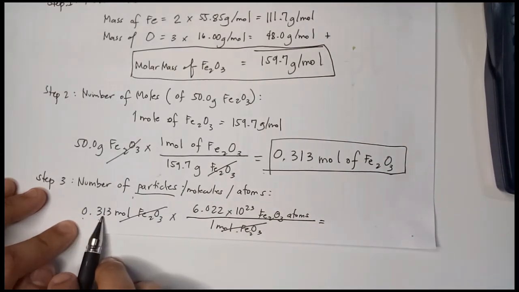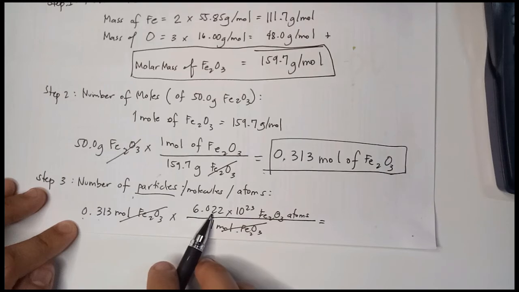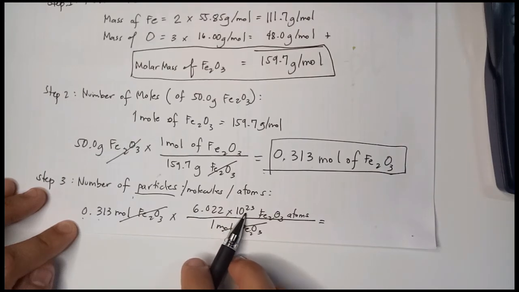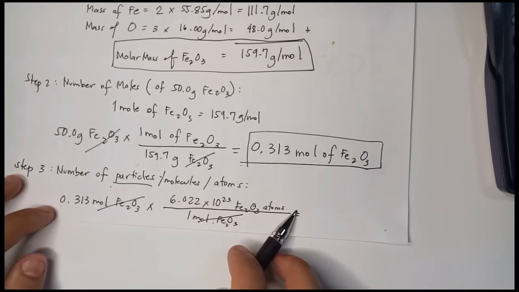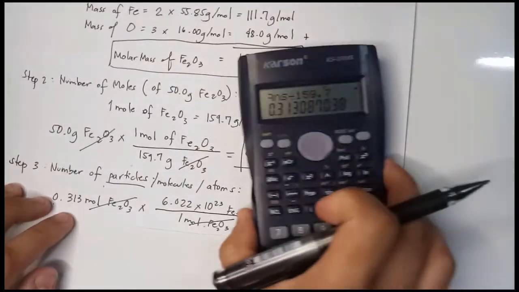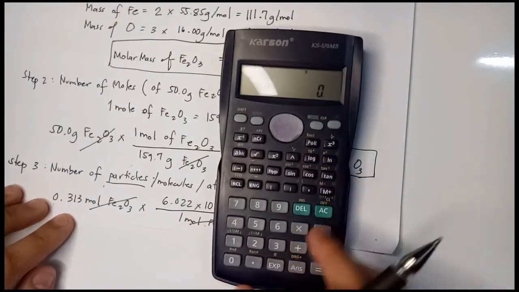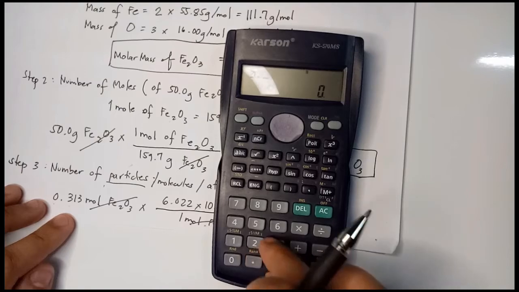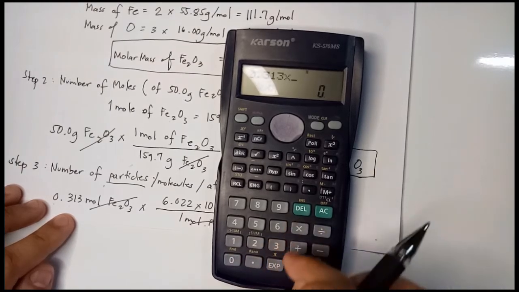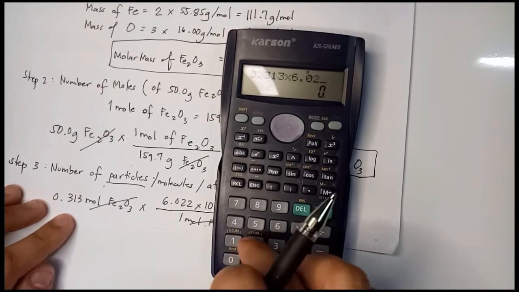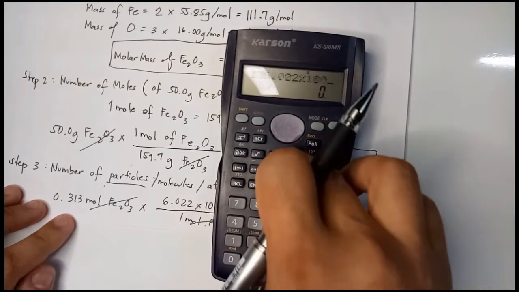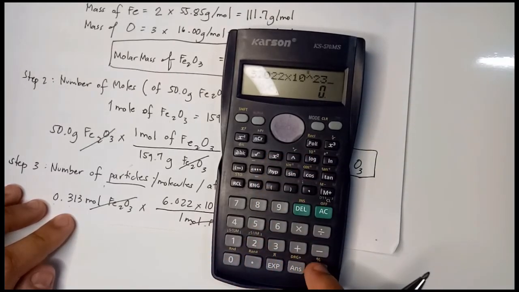So, 0.313 mole times 6.022 times 10 to the 23rd atoms is equal to what? Let us compute. 0.313 times 6.022 times 10 to the 23rd.